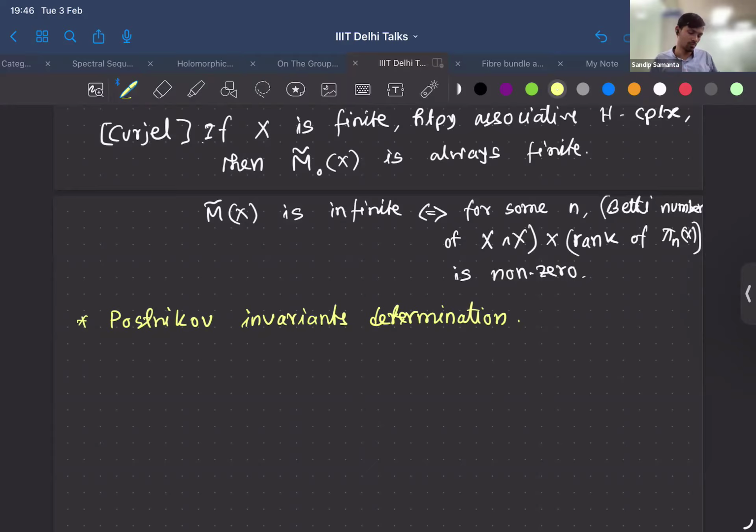So for a given Postnikov decomposition, we get Postnikov invariants, and how those invariants change can be seen by this group of self-homotopy equivalences. Once I see that, there are also applications to this Postnikov invariant determination. So indirectly, those also help in determining extension or lifting problems.